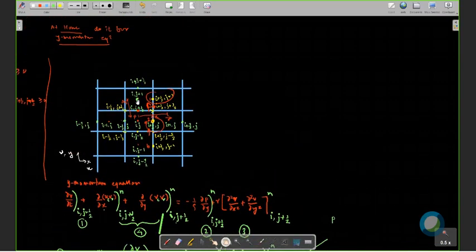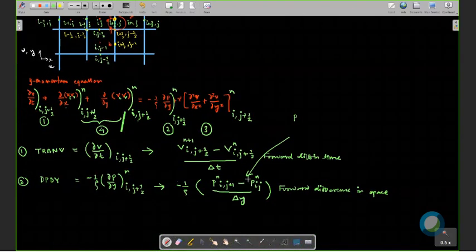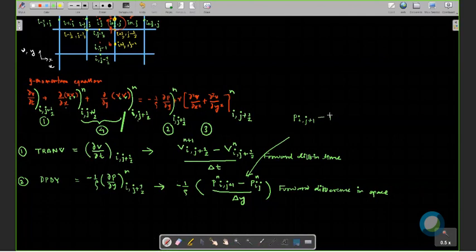Now 2 delta y means you will have to consider some other points. So it can be j plus 1, j minus 1. P I, j plus 1 minus P I, j minus 1, and then you divide by 2 delta y. But forward difference is okay, to not make too many complications.